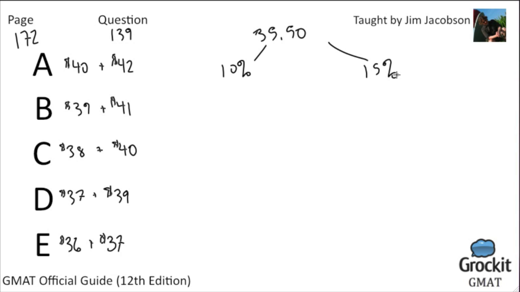So over here we have our 35.50. 10% of 35.50 is just 3.55. 10%, you can just move the decimal point over one. So we add 3.55 to the price. We get 39.05.